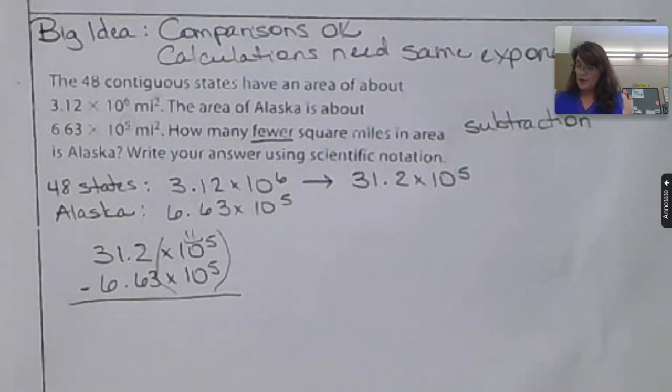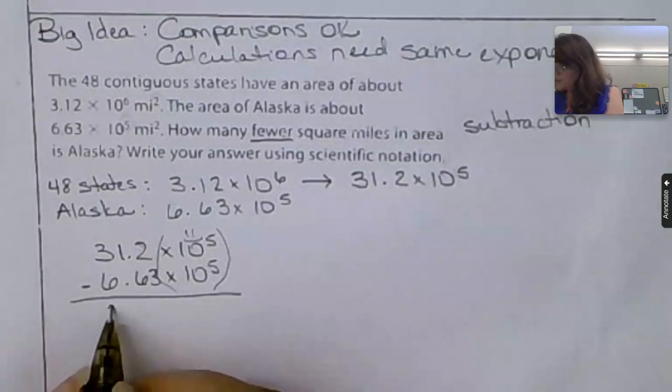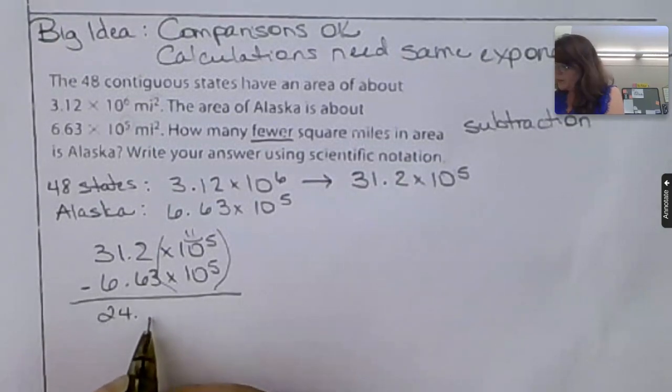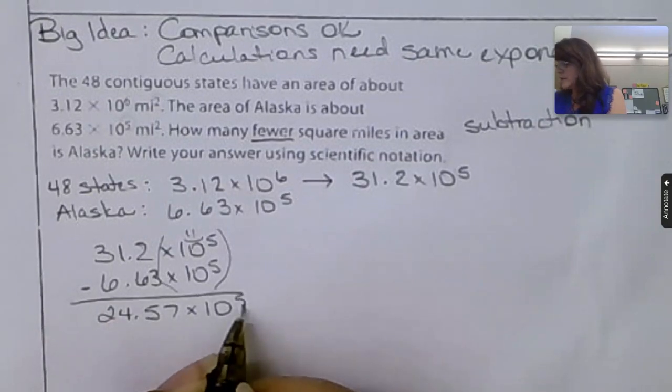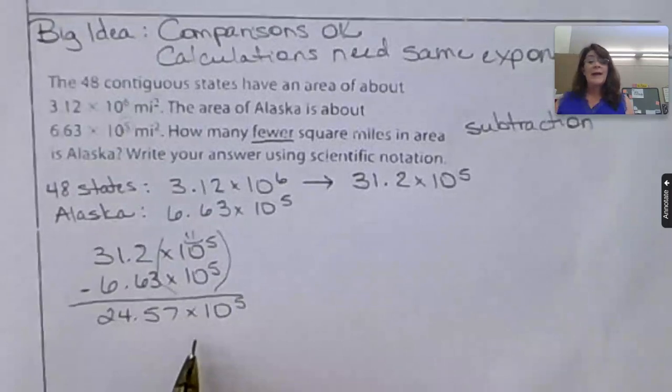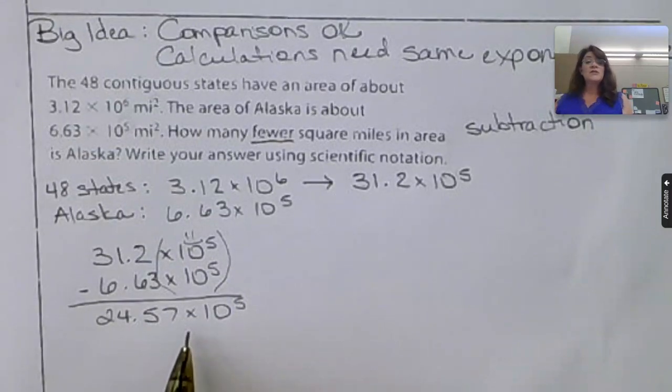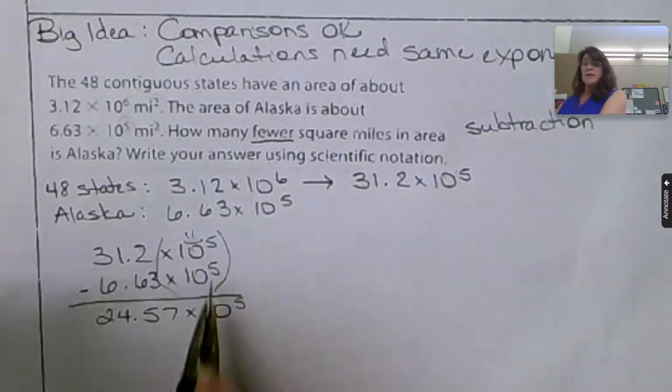So now I have 31.2 minus 6.63, and I have 24.57 times still 10 to the 5th power. It didn't go away. It just was able to transfer with.